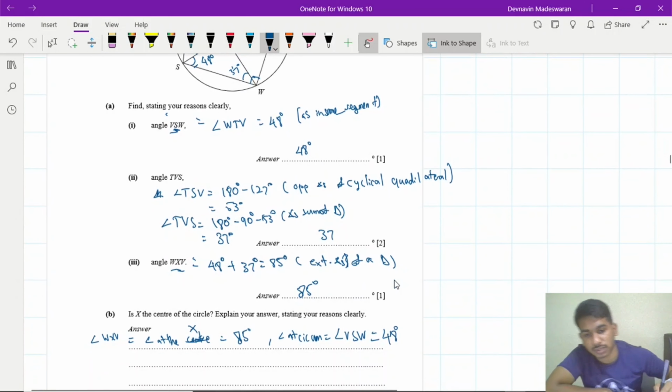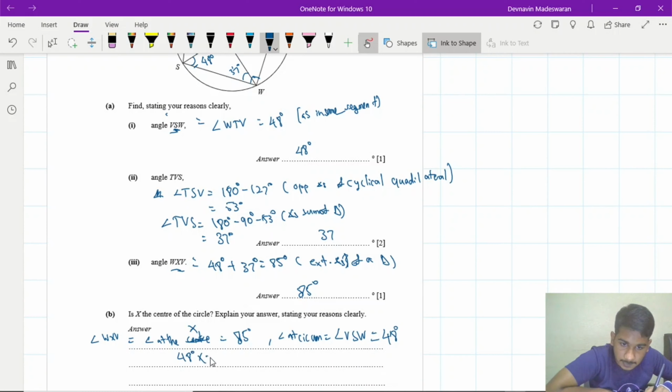But 48 times 2 is equal to 96, which is not 85 degrees. So it is not the center.